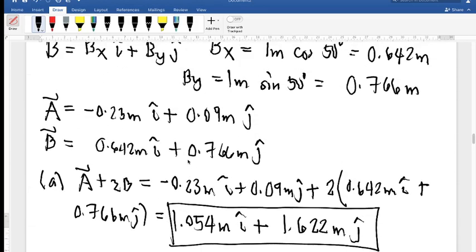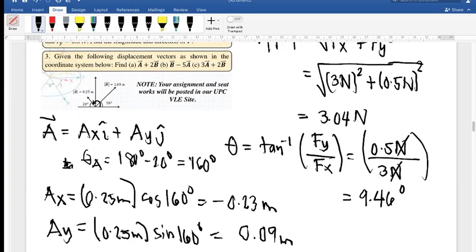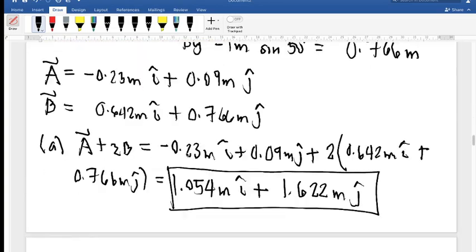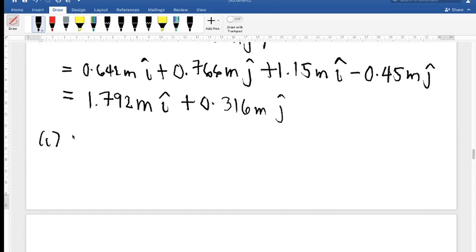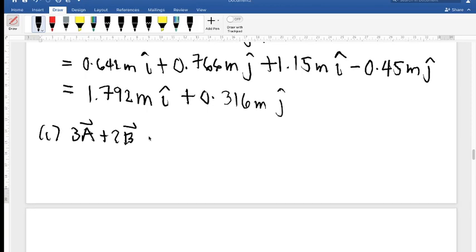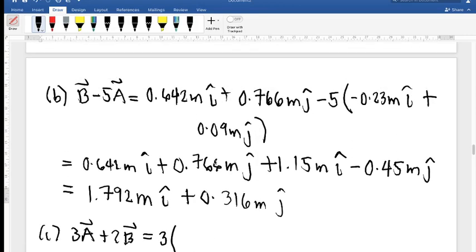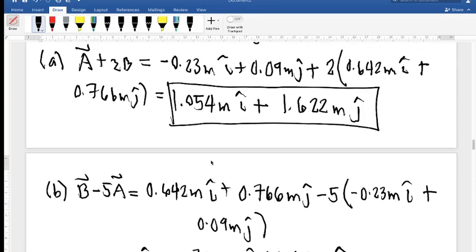So letter C. So next, letter C is 3a plus 2b. Okay, so let's answer this one. So we have 3a plus 2b. So now, we multiply a by 3 and b by 2. So 3, copy your vector a expression in terms of unit vectors.